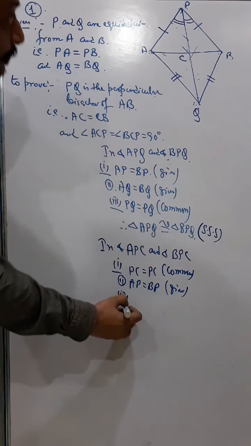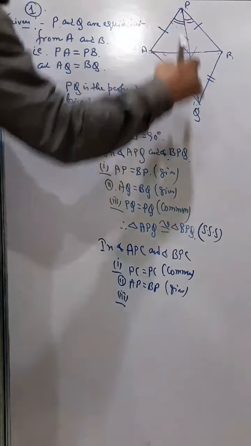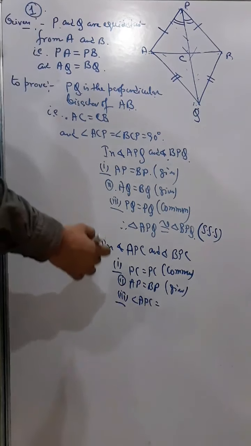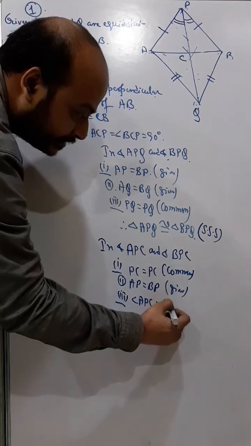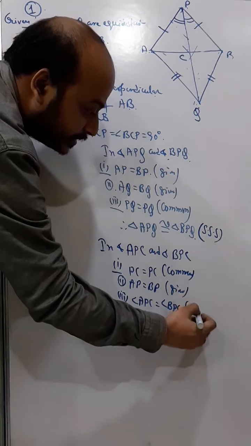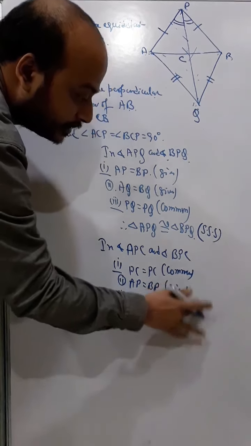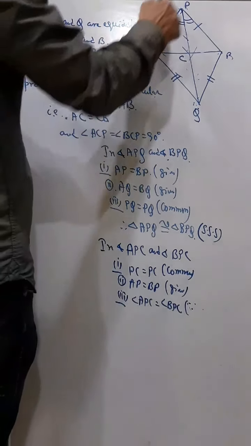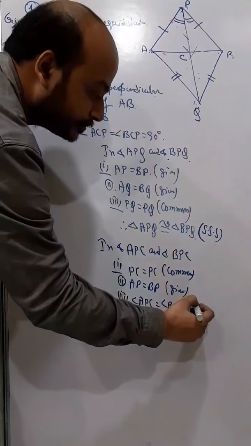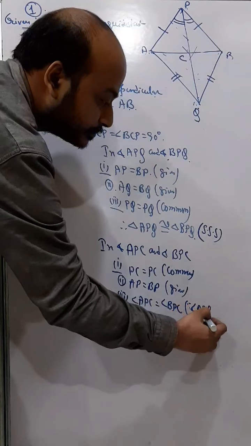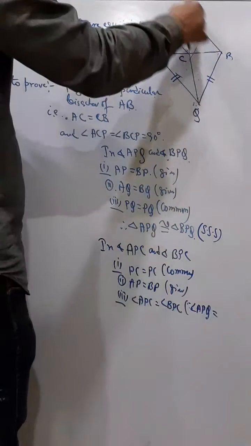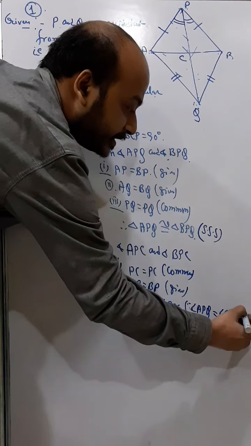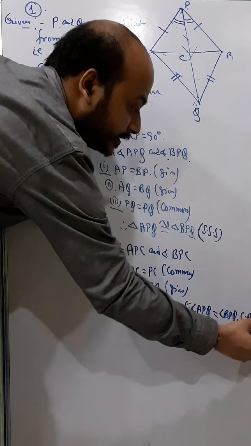And now number three, we can say that angle APC is equal to angle BPC, since angle APQ is equal to angle BPQ, and that is due to CPCT, right?